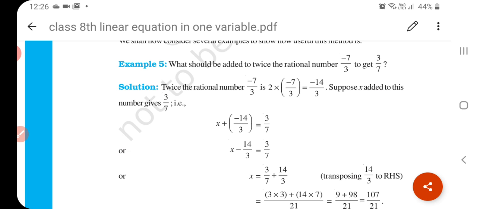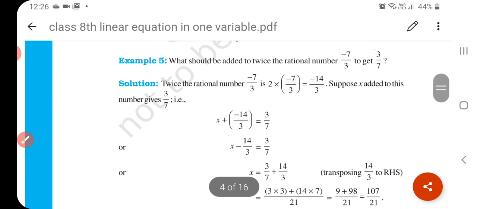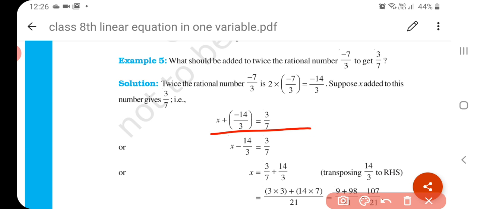Okay, so it becomes minus 14 by 3. So we don't know what the number is, so let the number be x. Okay, so x plus minus 14 by 3, this is our equation.